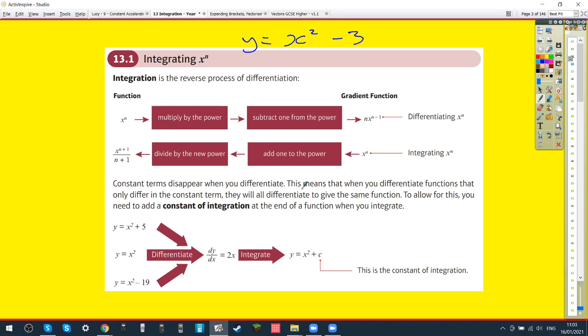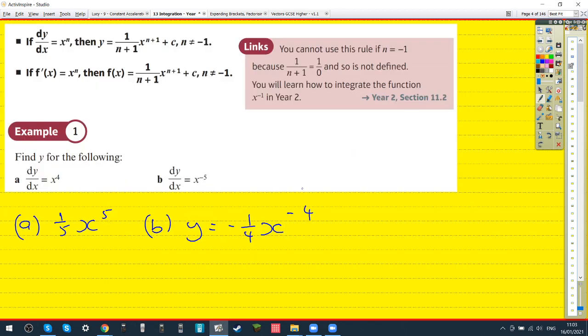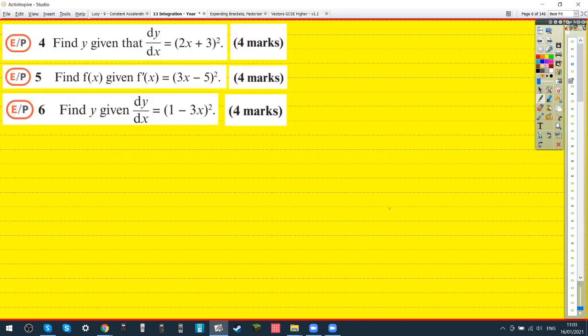Differentiation? 2x, just 2x. Yes. And so when we're integrating, there could have been a number that was obliterated when we differentiated. And so at the end, you just write plus c. Because there could have been some constant that was there, but we can't possibly know what it was.